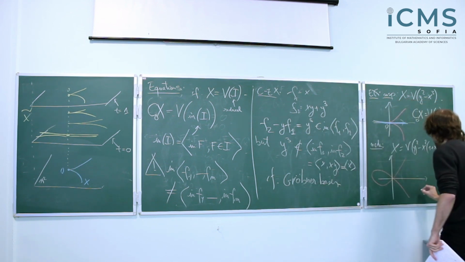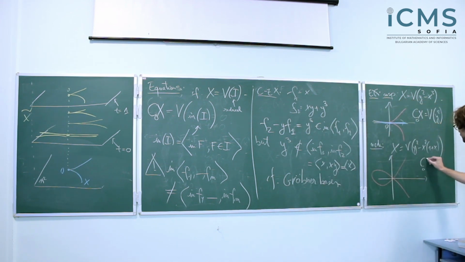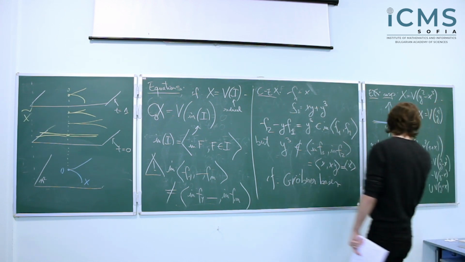Now the cone here is supposed to be, let's see, we only have one equation, so the degree here is 2. Right? So this is y squared minus x squared. And it's actually the union of two lines. We just factorize this. Okay, so the two lines are here.